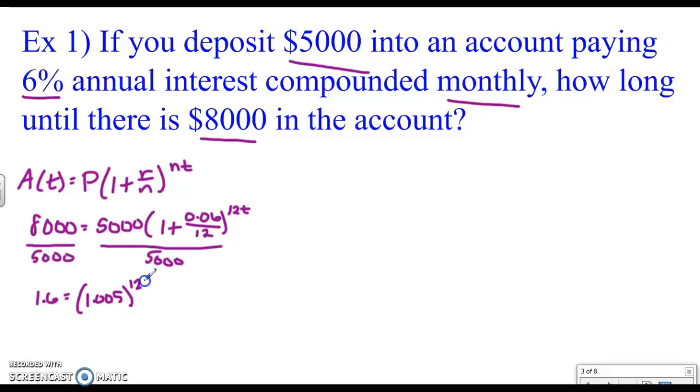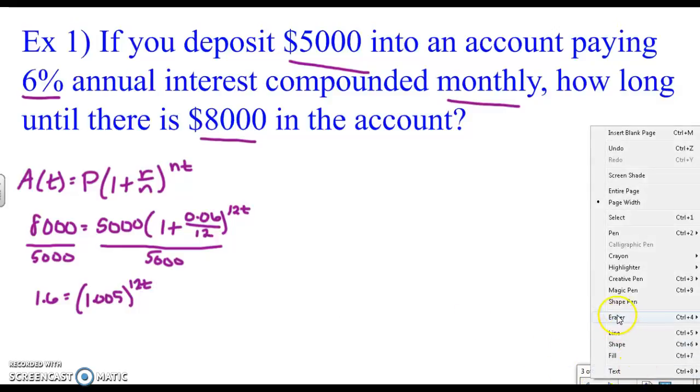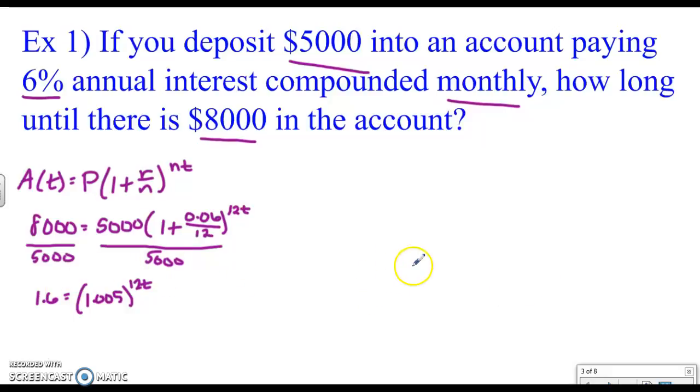to the 12t power. Okay, now, since we have a variable in the exponent, we're going to change this to a logarithm like we did when we solved equations last week. So my base is this, and then my exponent. So log base 1.005 of 1.6 will give me 12t.